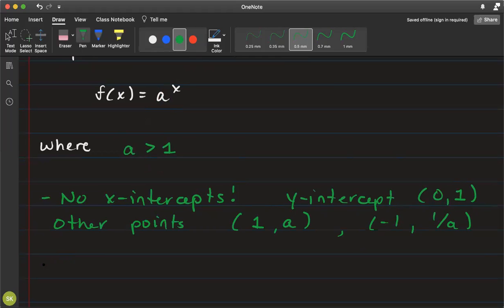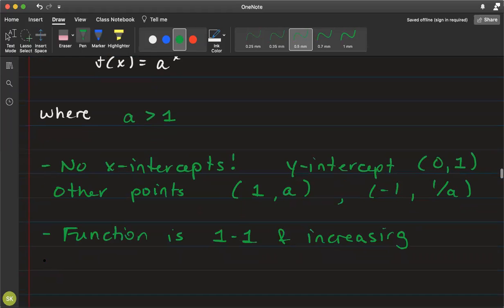The function is 1-to-1 and increasing. And you have a horizontal asymptote at y equals 0. Also, the domain and the range.